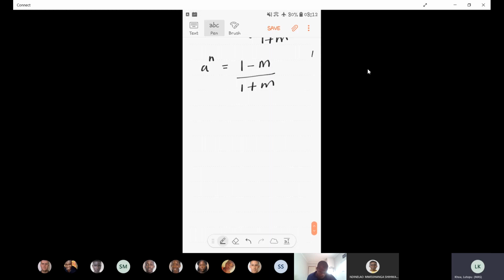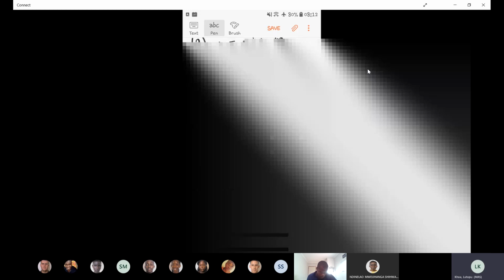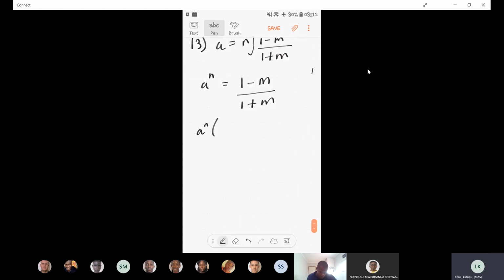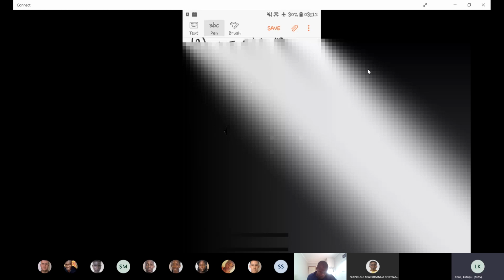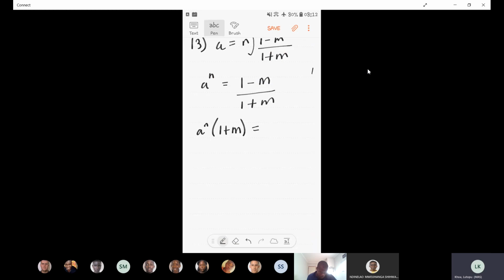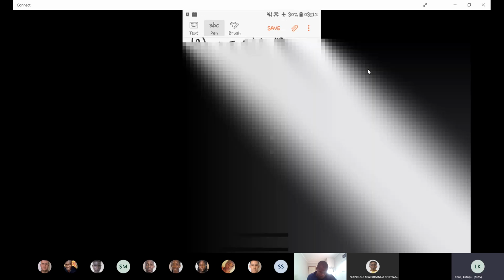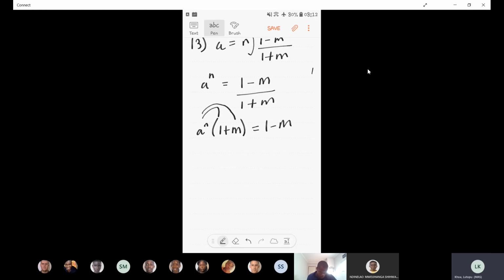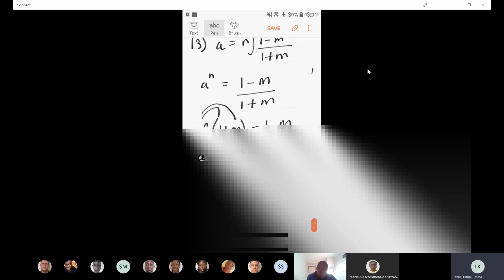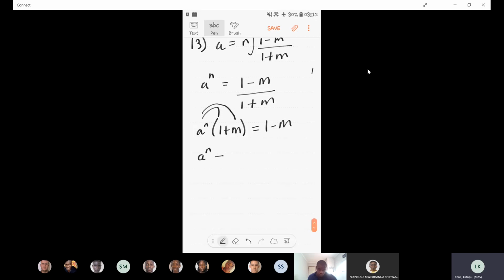Then you multiply by the denominator on both sides. You have a to the power of n times 1 plus m is 1 minus m. Multiply the brackets out. Everything inside the bracket should multiply what you have outside. So you have a to the power of n plus a to the power of n m.